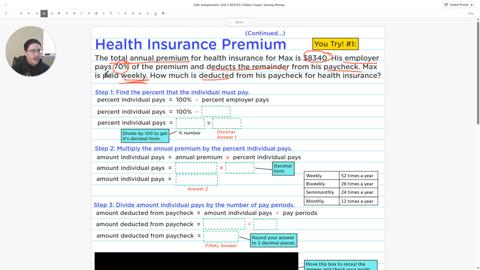Well, since we know the employer is paying 70%, 100 minus 70 is 30%. So we know Max has to have 30% of this annual premium deducted from his paycheck, which as a decimal is 0.3.